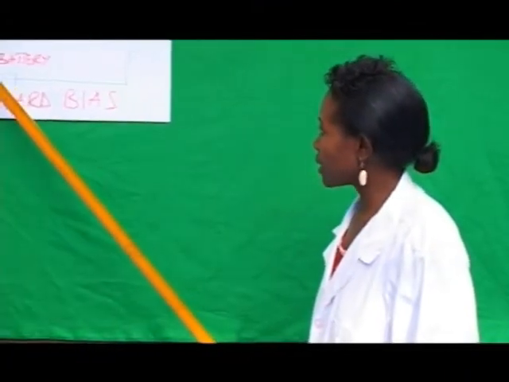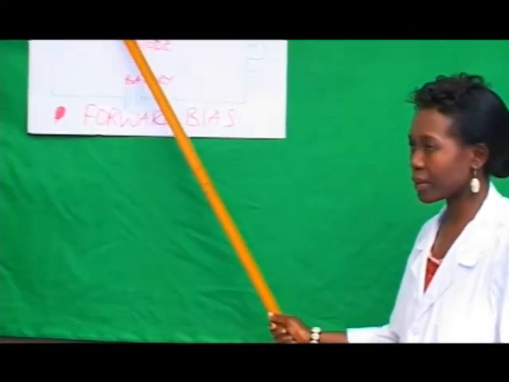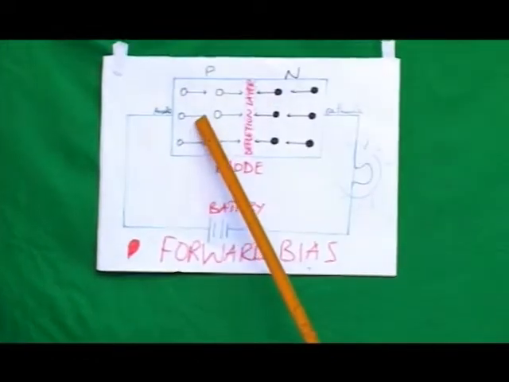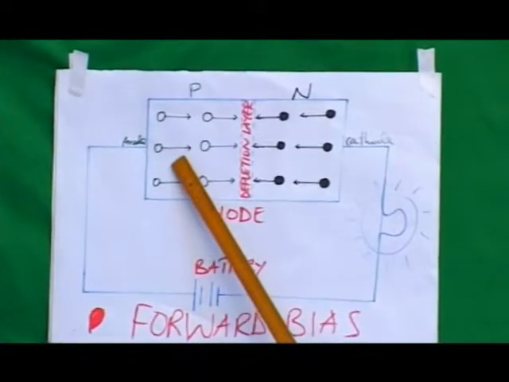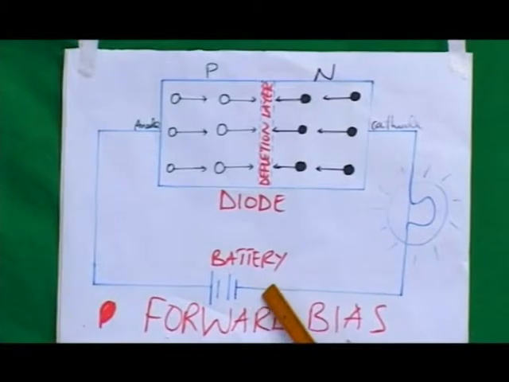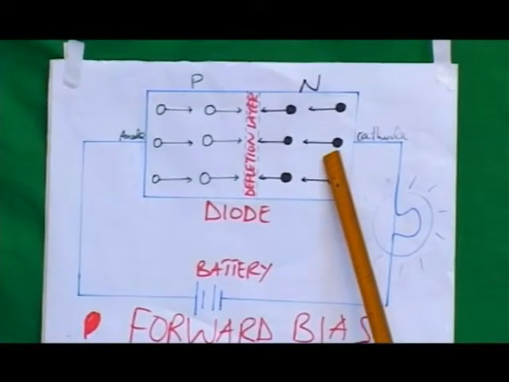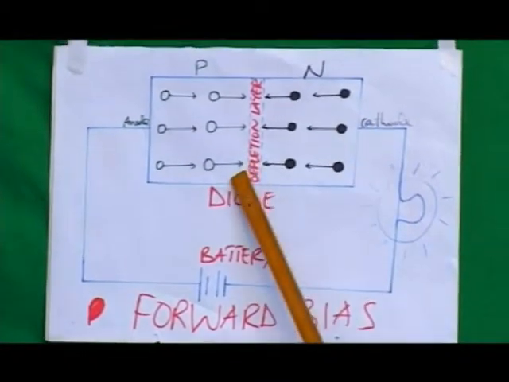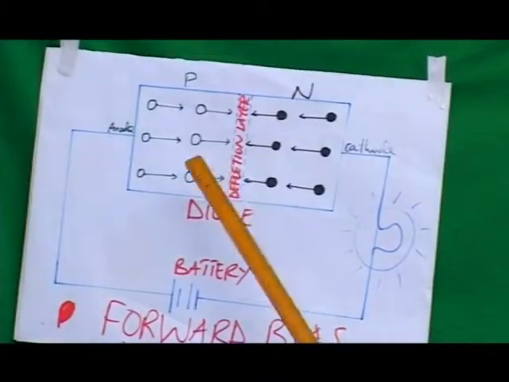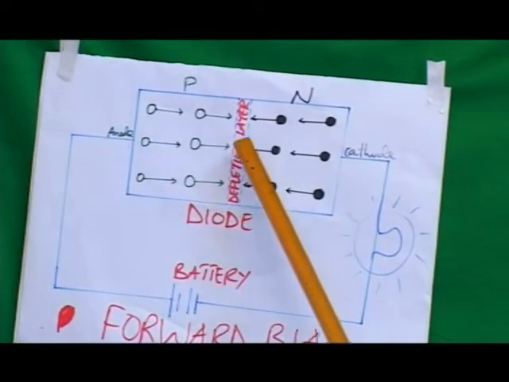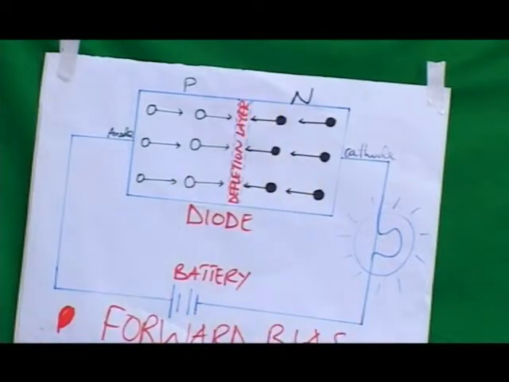The positive charge applied to the p-type, which has positive charge carriers, repels the holes, while the negative charge connected to the n-type, which has negative charge carriers, also repels the electrons. As the electrons and holes were pushed towards the junction, the distance between them decreased.